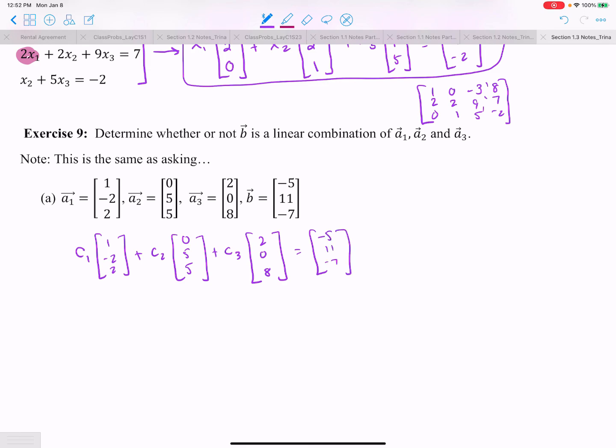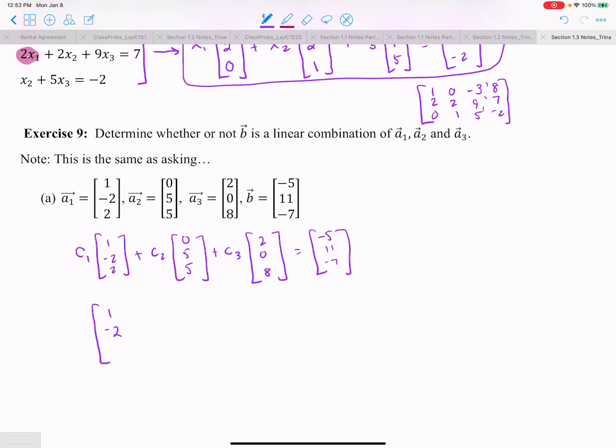So asking, is B a linear combination of those, is asking, are there weights C1, C2, C3 so that this vector equation is true. And then we would solve it the way we've been solving things.